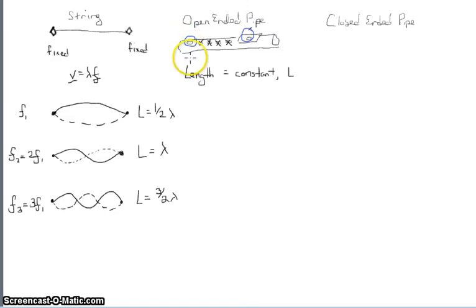What forms at the open ends is that these two act like an antinode. In between, depending on what the frequency is, you're going to have your node, antinode, node pattern, and a standing wave that exists from one open end to the other open end.